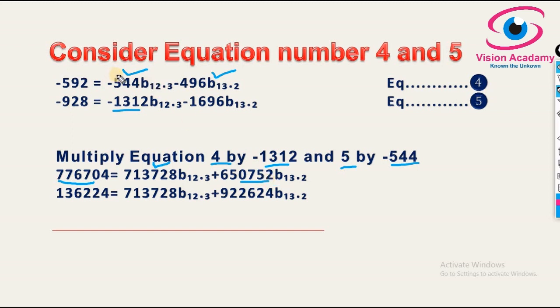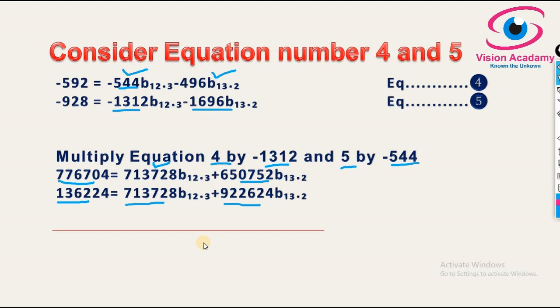So now minus 544 by minus 928, and minus 544 into minus 1312, 7,13,728, minus 544 into minus 1696 will be 9,22,624. So again I will do the same thing.